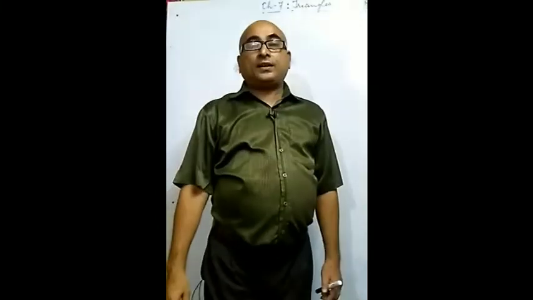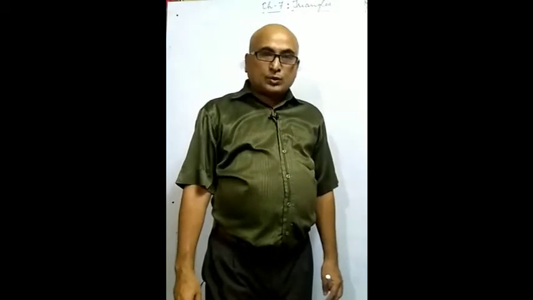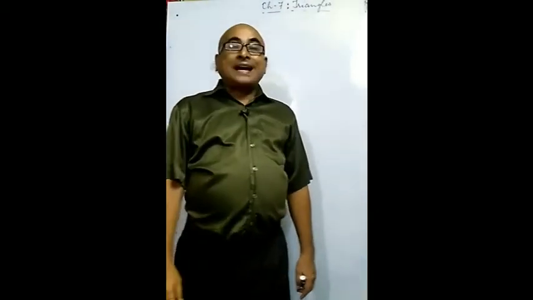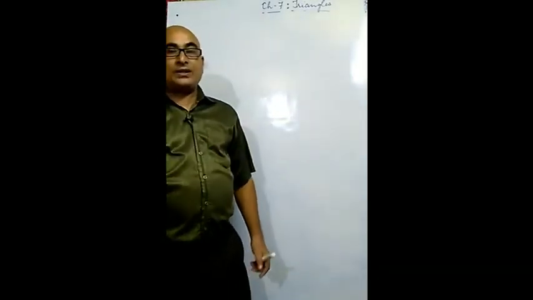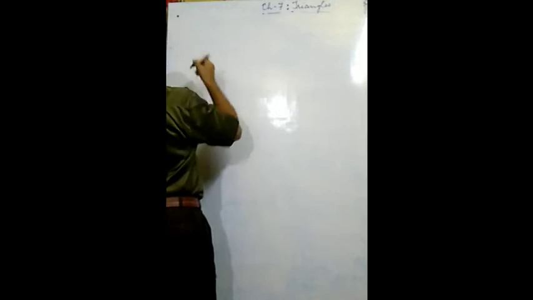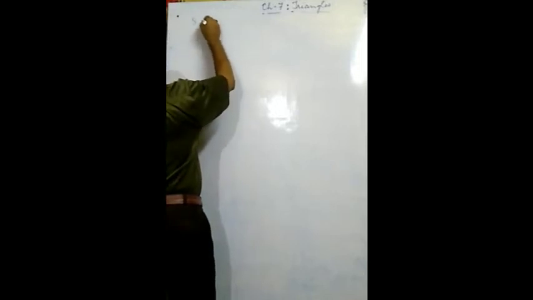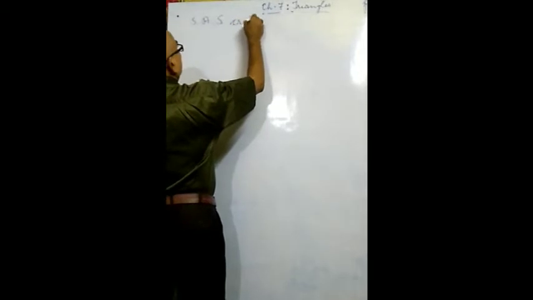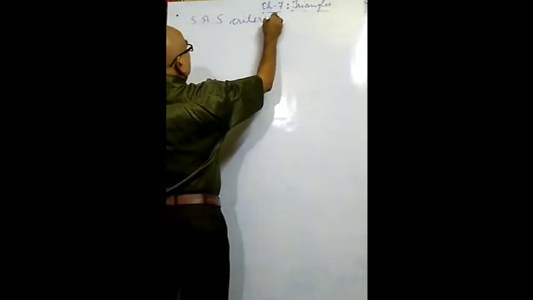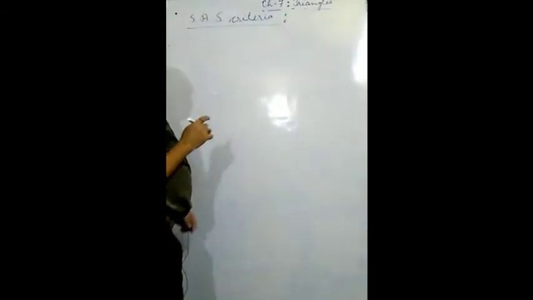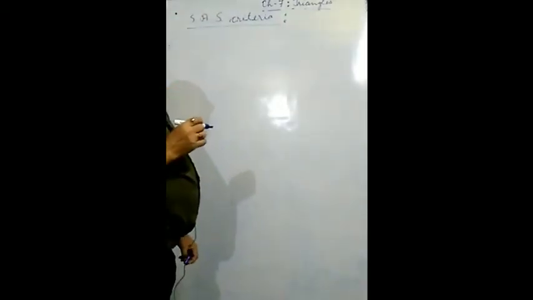The first criteria, the first rule associated with congruency of triangles, is the side angle side criteria. This one is the side angle side criteria. You may mark here at this stage. You should be very cautious regarding it.